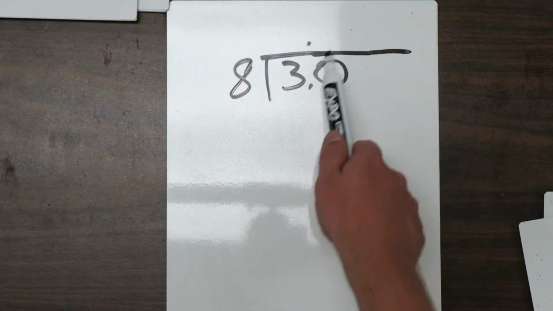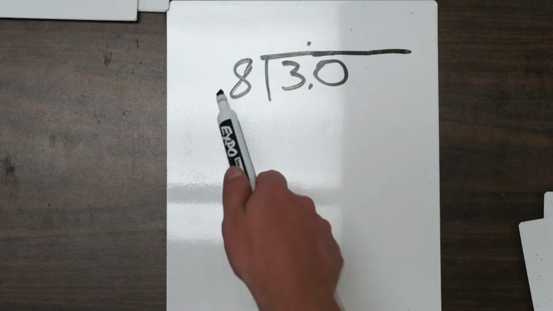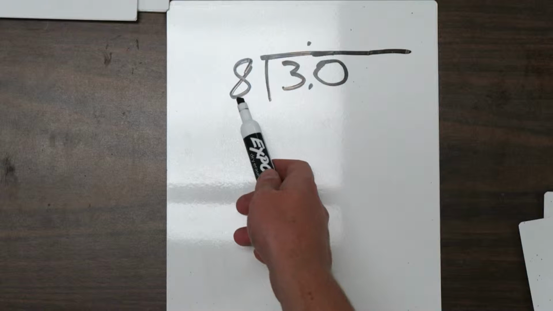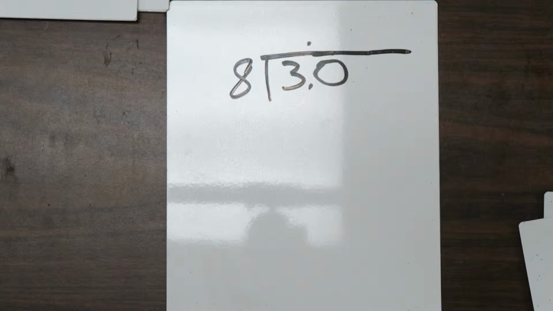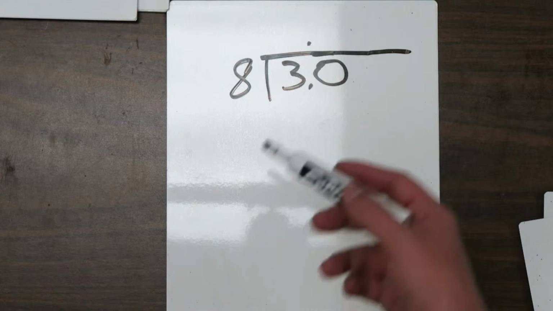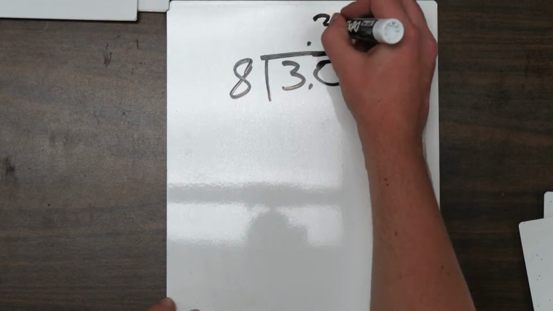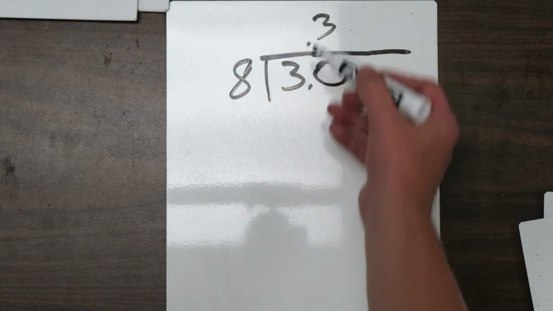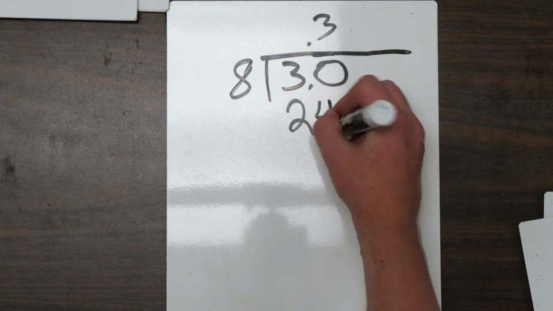I'm trying to figure out how many tenths 8 goes into 3. I can do this by asking, how many times does 8 go into 30 without going over 30? Well, I know that 8 can go into 30 3 times without going over 30, and 8 times 3 is 24.